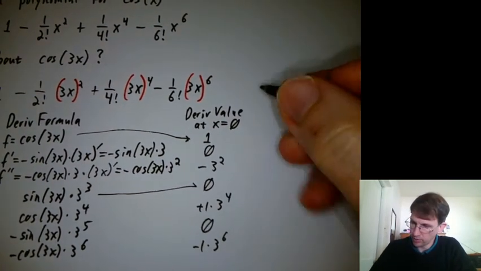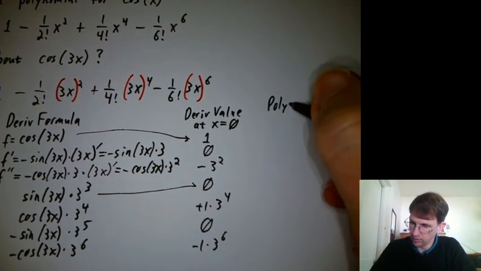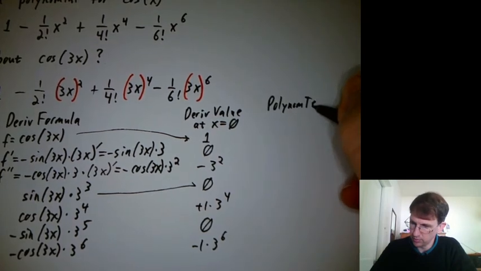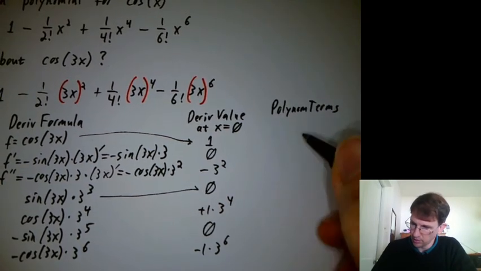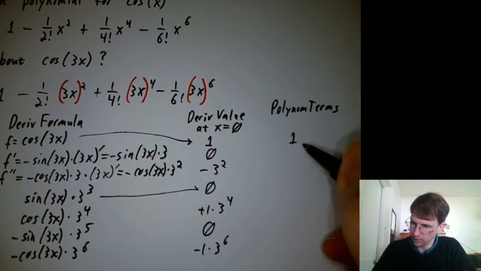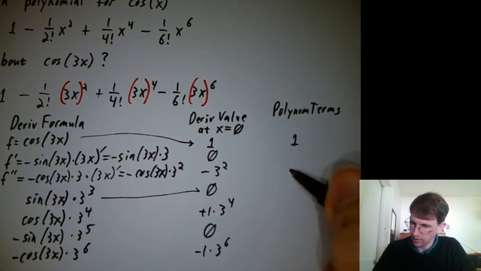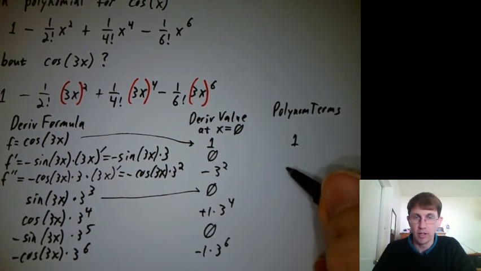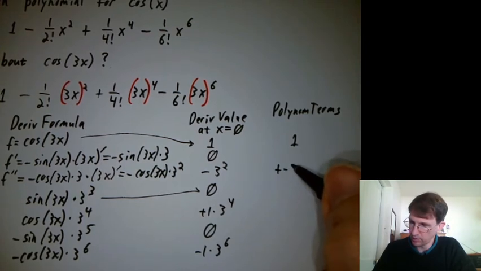So then what are our polynomial terms? This 1 gives us a 1, and then a 0. We'll just skip the 0. And then plus negative 3 squared.